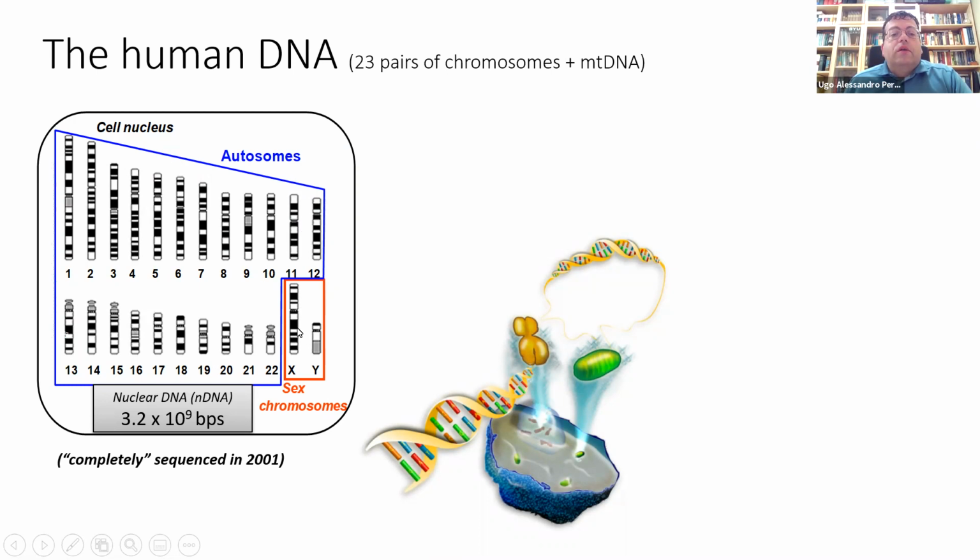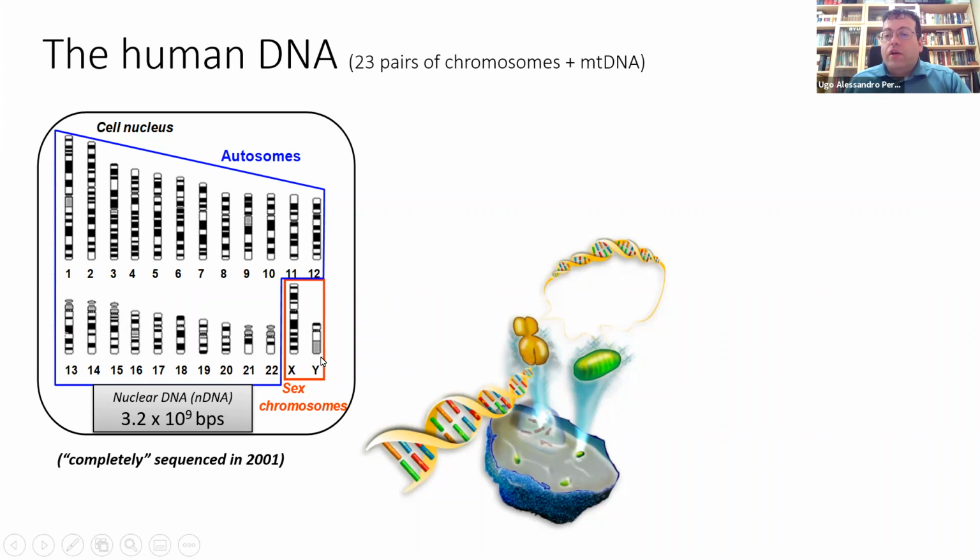And the last set, the 23rd set of chromosomes, are known as the sex chromosomes, which determine mostly the gender. That's the main function, to determine the gender of the offspring. There are other functions associated with this last set of chromosomes, but that's what we're going to call them.